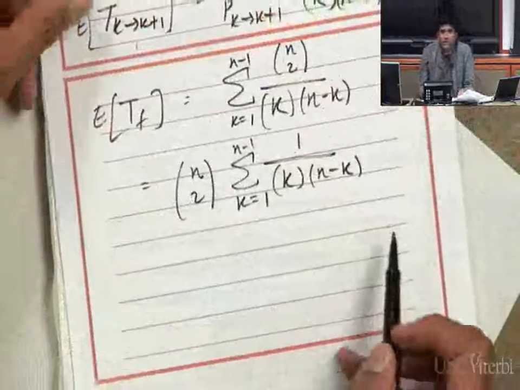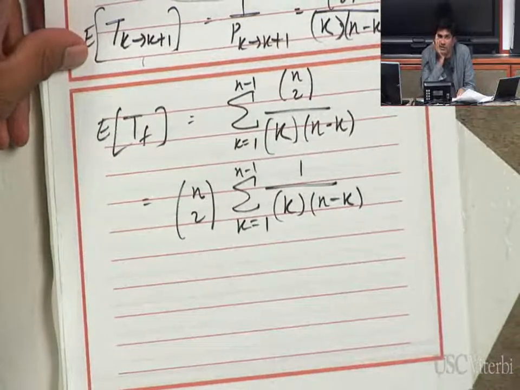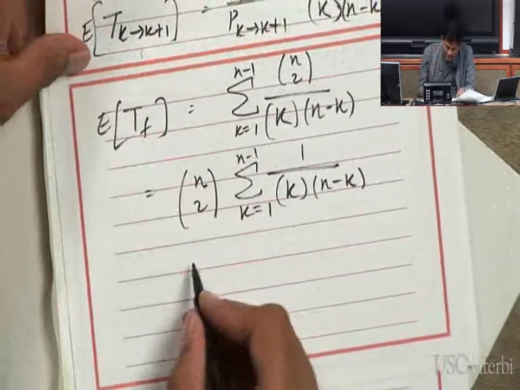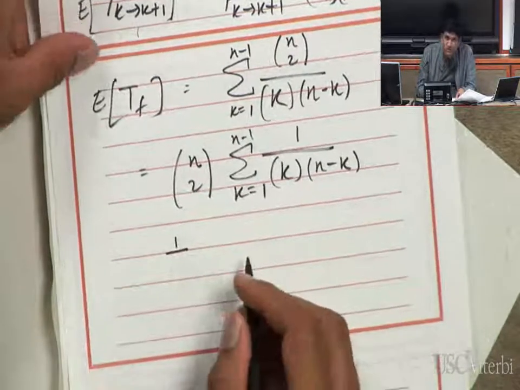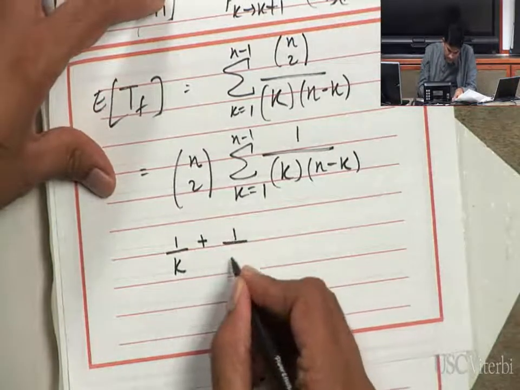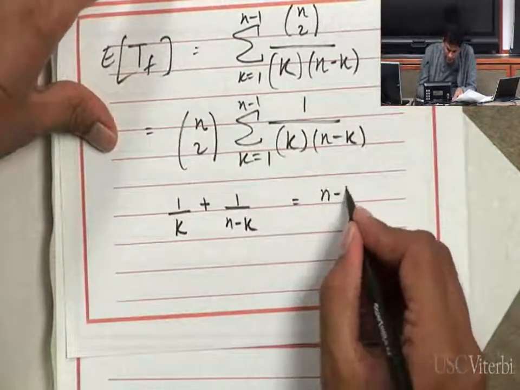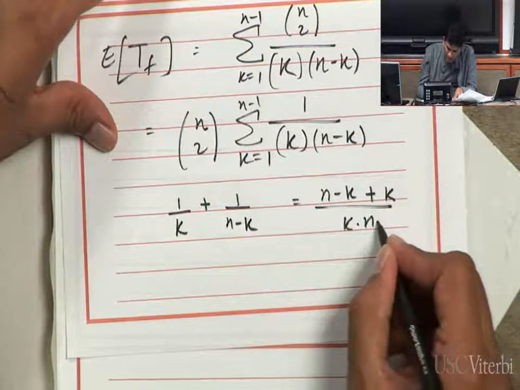So it's not immediately obvious how to calculate the summation, but there's an algebraic substitution that will help us. And the way to see that is to consider something of this type. If I want to add up these two numbers, I would end up with n minus k plus k over k times n minus k.